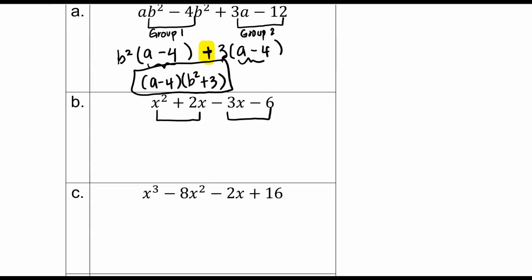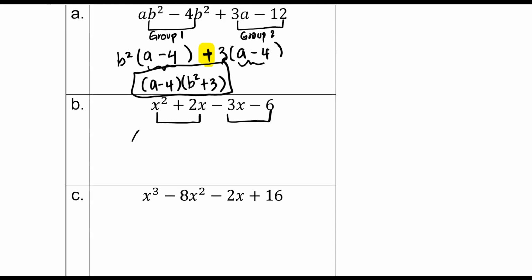Again, no GCF for all 4 terms, but since there are 4 terms, we could see if we have something that we can take out for the first, and we do. X is in common, times x plus 2. And what we want to happen over to the right is to get x plus 2, right?